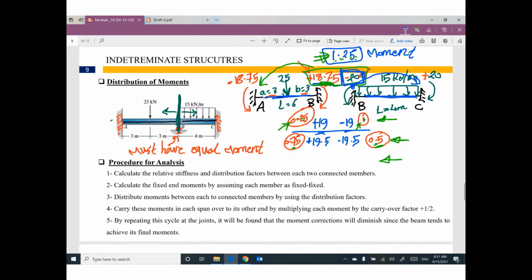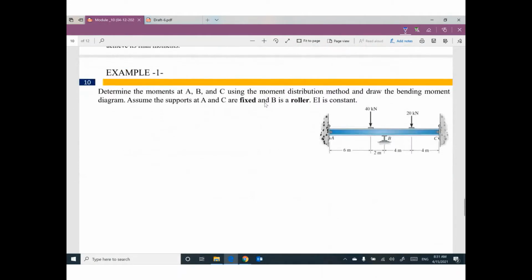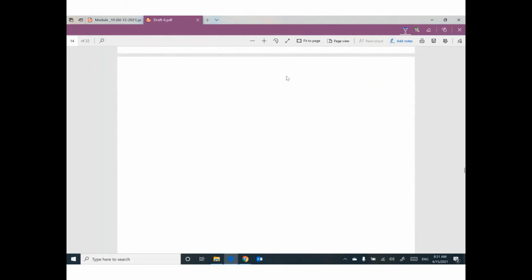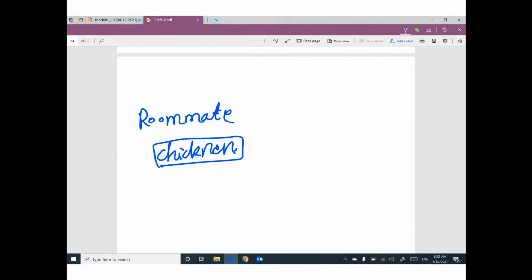One more thing I would like to highlight before starting the first example, and I need an answer from you. Guys, if you are living with your roommate, 1 or 2 or 3 in one apartment, and you have a chicken, I think that makes sense if I'm saying, hey guys, we have a chicken and we need to distribute this chicken among you and your roommates.